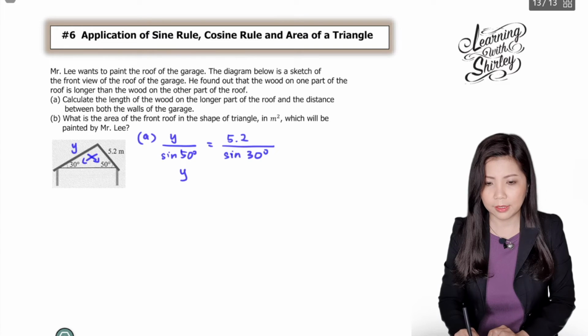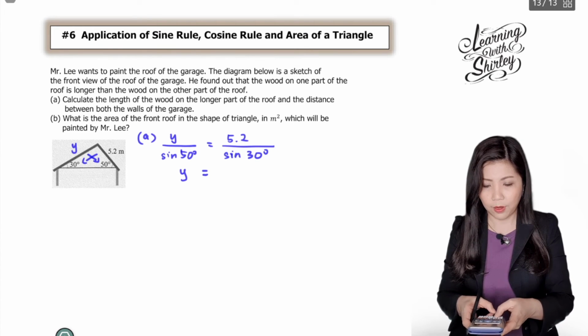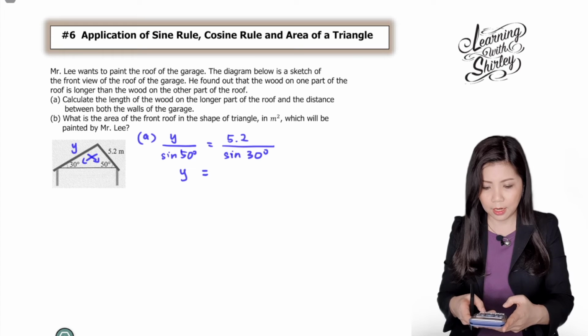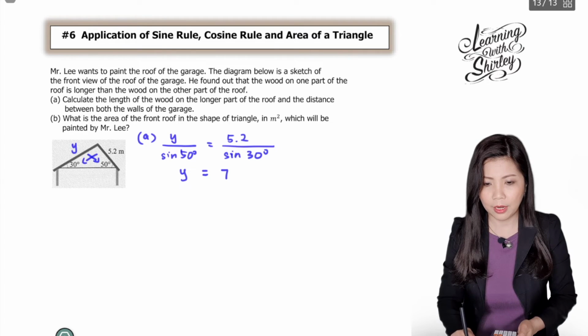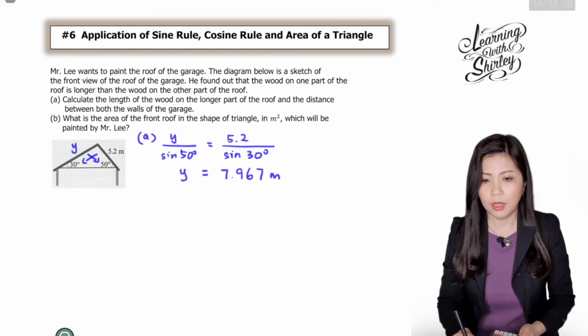Let's calculate this. 5.2 divided by sine 30, then times sine 50, so we'll get 7.967 meters, and this is the length of the wood on the longer part of the roof.